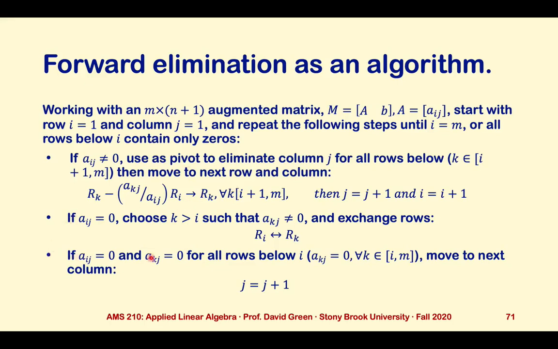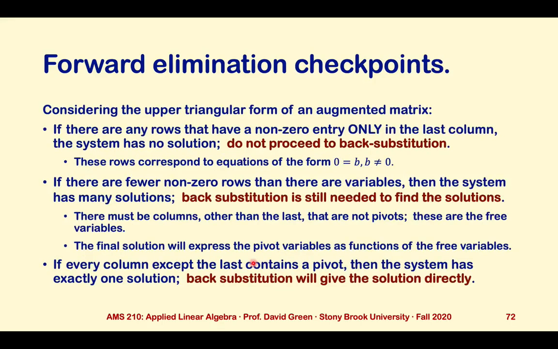If the pivot is 0 and all of the entries below it are also 0, we have no pivot in that entry, then we move to the next column. We don't change the row, but we move to the next column, and we go back and try to move forward again. This is a formal notation that can be directly translated into computer language to execute forward elimination.